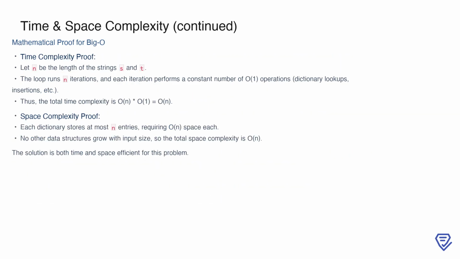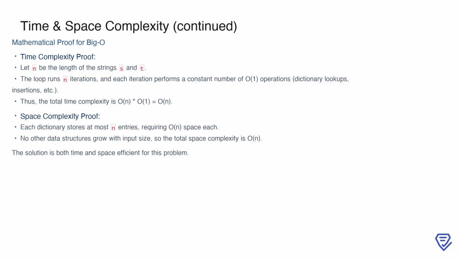Finally, let's solidify our understanding with a mathematical proof for the big O analysis. For the time complexity, let n represent the length of the strings s and t. The loop runs exactly n iterations, and during each iteration, a constant number of O(1) operations, such as dictionary lookups and insertions, are performed. Multiplying the n iterations by the O(1) operations gives us a total time complexity of O(n).